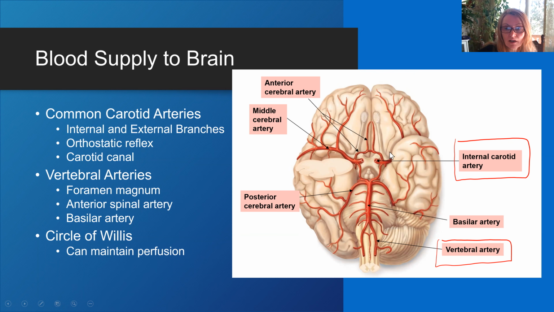And then you have your internal carotid artery, which enters through the carotid canal, and they form also a connection with the branches from vertebral arteries. And this circle is called the circle of Willis, right? So just take a minute and learn the names of these arteries, they are not that difficult. So we have vertebral, basilar, posterior cerebral, middle cerebral, and anterior cerebral. And over here we have internal carotid.